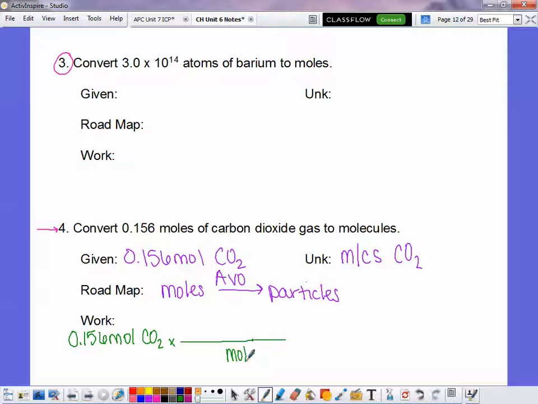Mole CO2. And the unit we're converting to goes on the top, so molecules CO2 on the top. What number are we going to put with mole? 1. Because remember, all of these relationships are referring to 1 mole of the substance. And how many molecules of CO2 are in 1 mole of CO2?